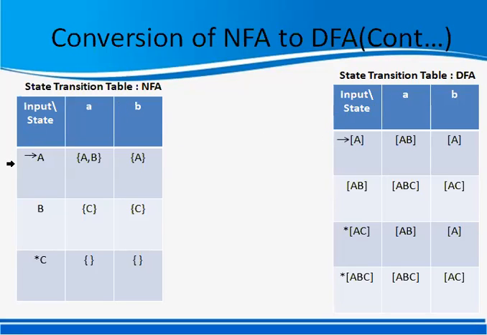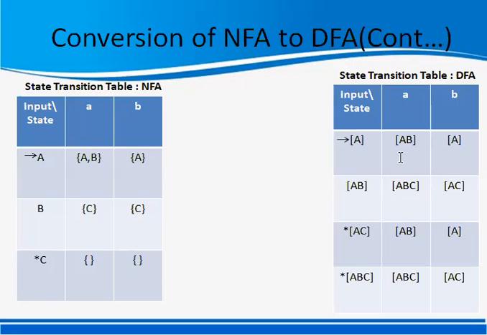We will start from the initial state A. Starting from initial state A on input small a, we are moving to two different states, that is A and B. In the case of DFA, we cannot move to two different states on a single input, that is small a.